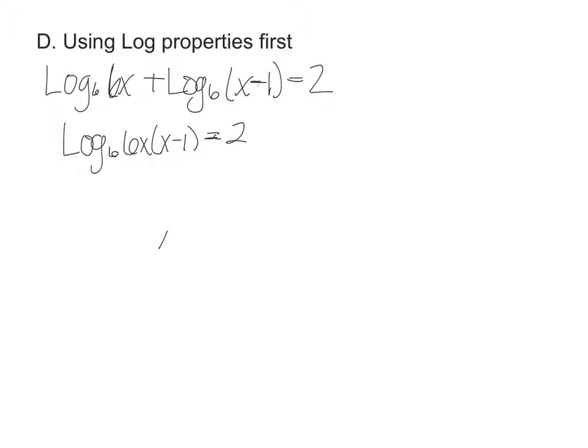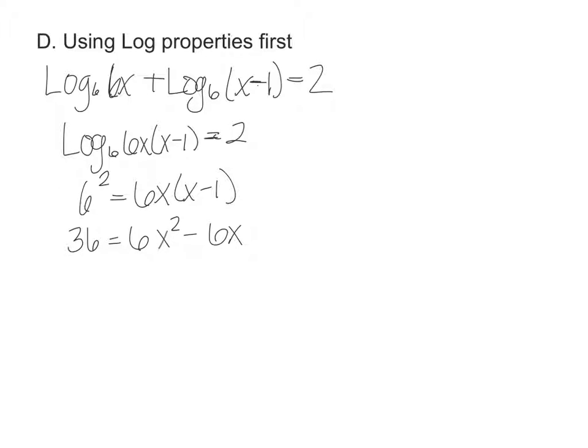Now I can rewrite it as a log. 6 squared equals 6x times x minus 1, and that's 36 equals 6x squared minus 6x.